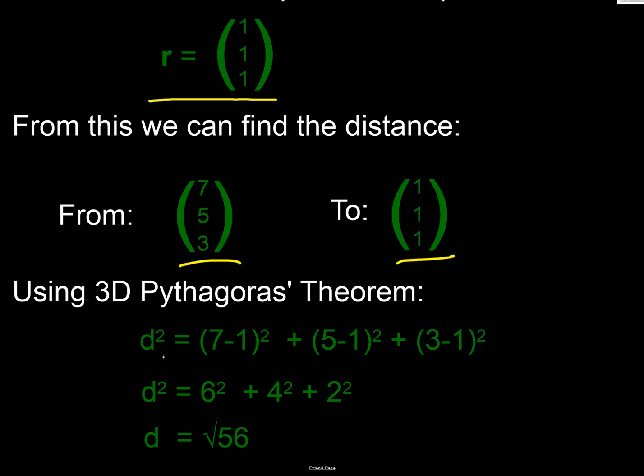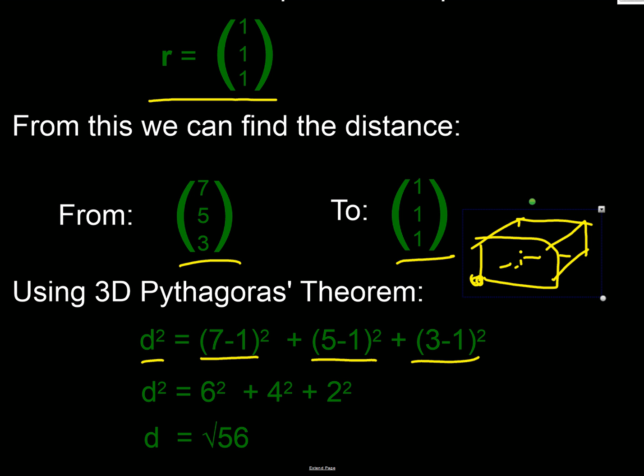Because the hypotenuse squared is going to be the difference of the x values squared, plus the difference of the y values squared, plus the difference of the z values squared. We're just going across from one corner of a cuboid to the other corner of a cuboid. So we're going from this point here up to that point there, and we're just using 3D Pythag for that.